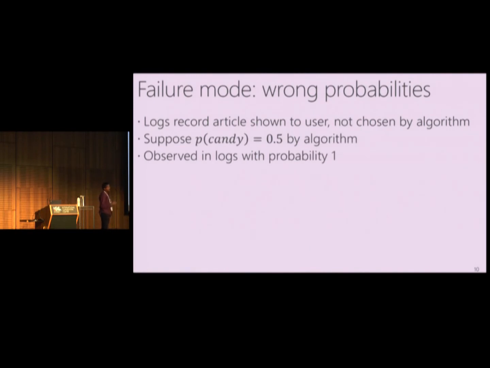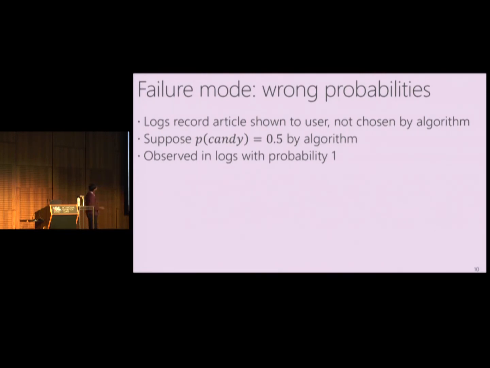So now let's think about what's going to happen. Let's just carry out a little thought experiment here. Let's say the algorithm was going to pick the article about candy with probability half, the article about space with probability half. So we think we're picking the article about candy half the time. We're observing the article about candy with probability 1 in our logs because of the editorial override, right? It's going to be displayed to every single user all the time.